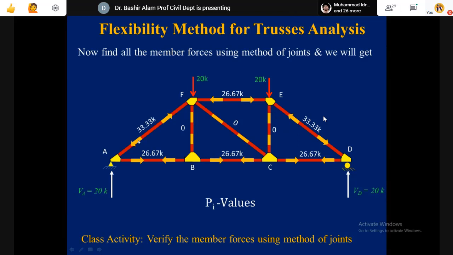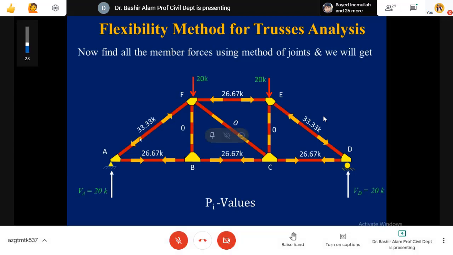When this AF force is towards the joint. This is how we fix the direction. So towards the joint at A and the same towards the joint at F also. So we know the direction and the magnitude of Member AF, that force is analyzed. It is compression and the magnitude is 33.33.